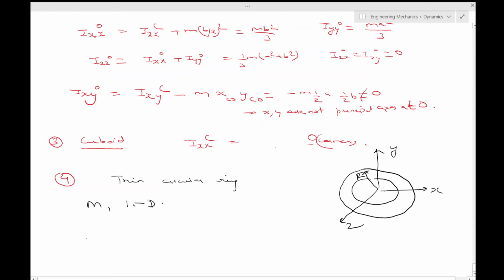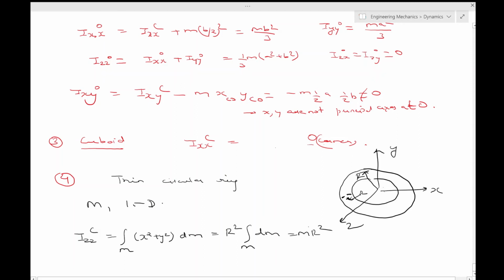So Izz of C is equal to the integral of (x square plus y square) dm. Okay, this will be equal to r square. Since it's 1D, so the difference between say from this mid, so until here it is r, so this distance and this distance are negligibly small, so that's why we don't distinguish between them. So this is r square into dm, which is equal to m r square.